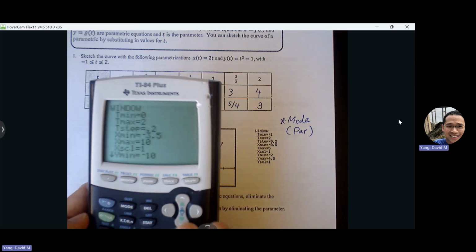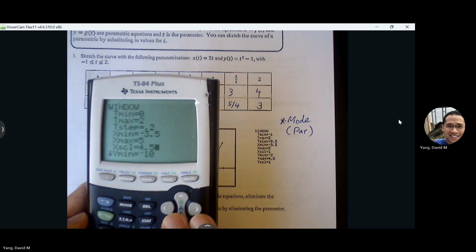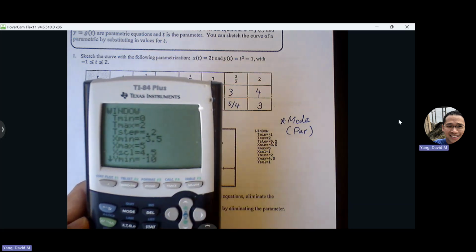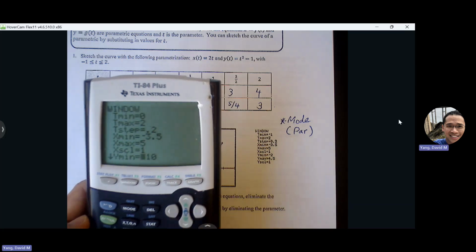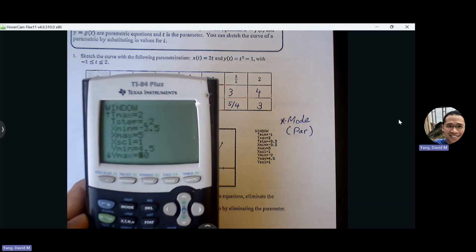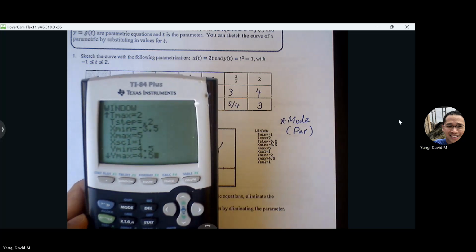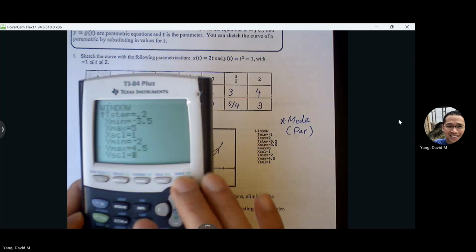We're just trying to make it fit the window that we see here. X max 3.5, X scale is 1. Y min -4.5, Y max 4.5, and Y scale 1. And hit graph.